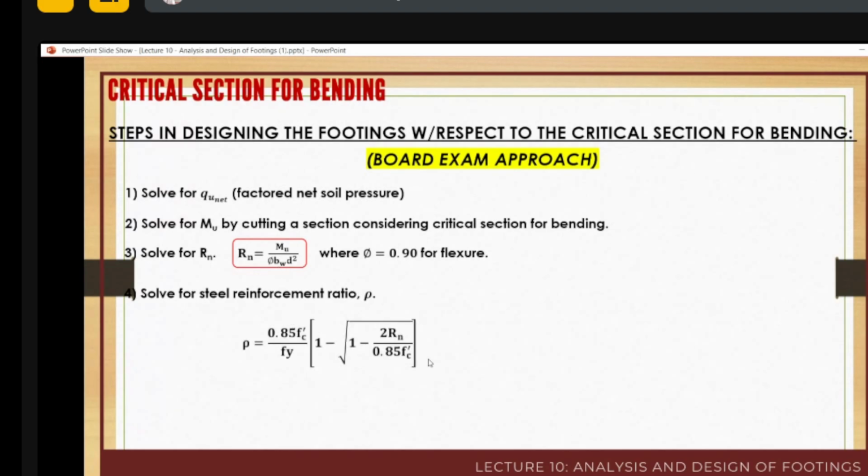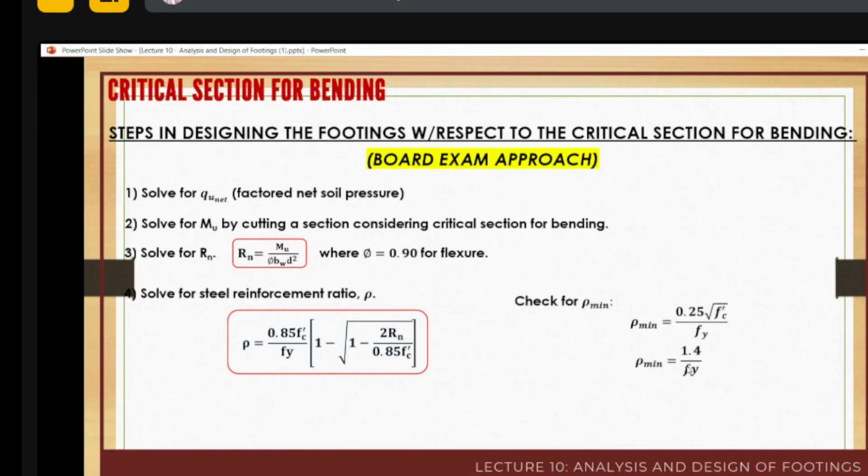So again, you recall your reinforced concrete, the steel ratio rho is equal to 0.85 fc prime over fy times 1 minus the square root of 1 minus 2 times Rn over 0.85 fc prime. Always remember this: the rho that we will use should not be below rho min, where rho min is 1.4 over fy, or you could use 0.75 square root of fc prime over fy, and choose whichever is bigger.